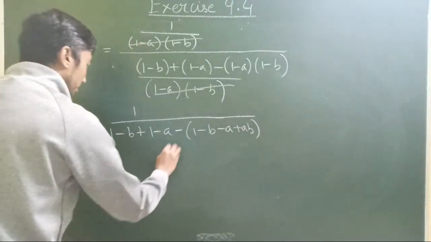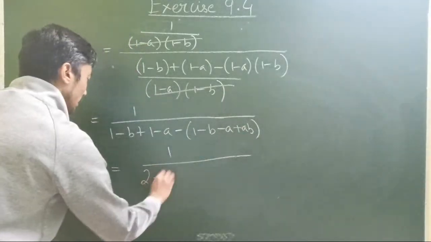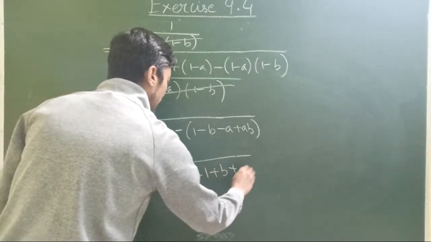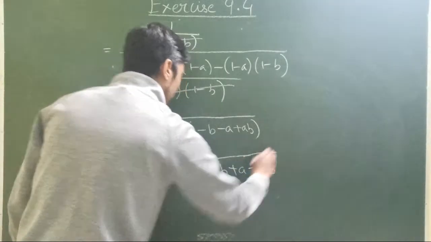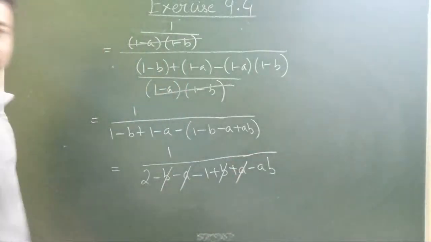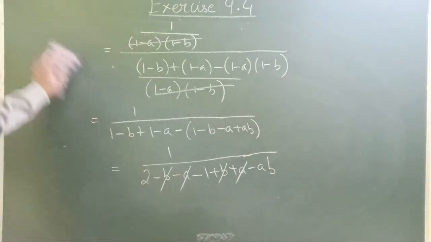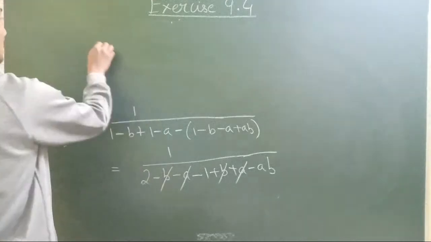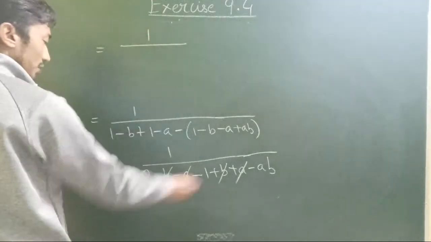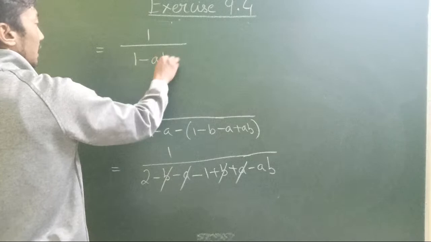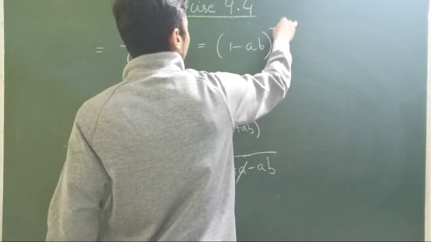So that's going to be 1 by 2 minus b minus a minus 1 plus b plus a minus ab. So we have minus b plus b, minus a plus a cancelling. So then finally, time to learn something new here. So that's going to be 2 minus 1 is 1 minus ab. And that means ab to the power 1, whole power minus 1.